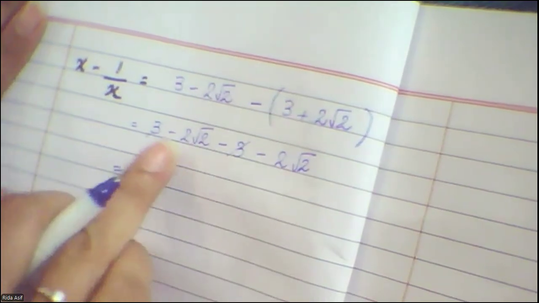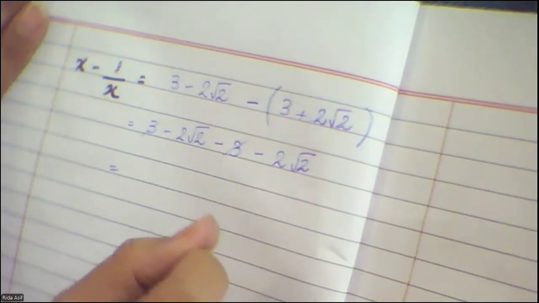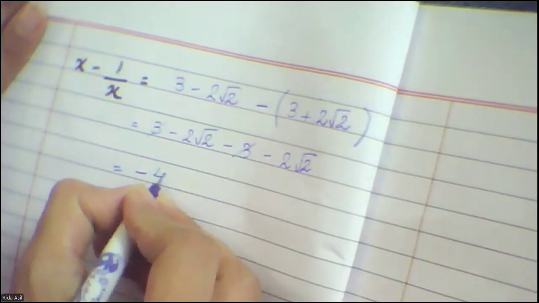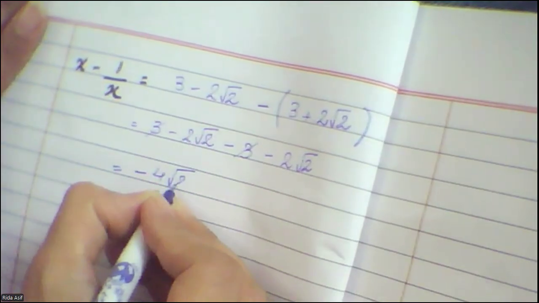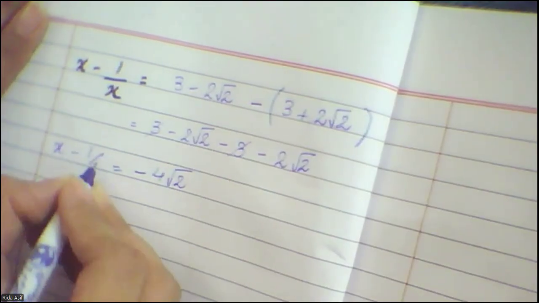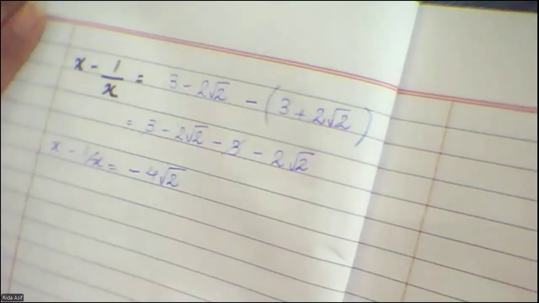Please remember, students, that plus 2 is plus 4, but minus 2 is minus 4 root 2. So here x minus 1 upon x answer is minus 4 root 2. So this is our first answer.